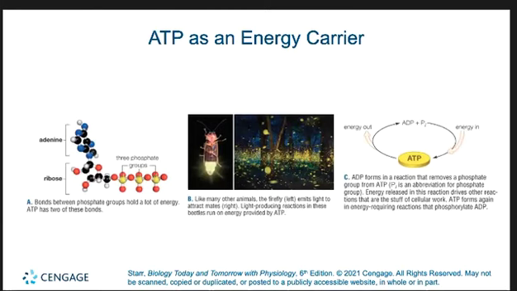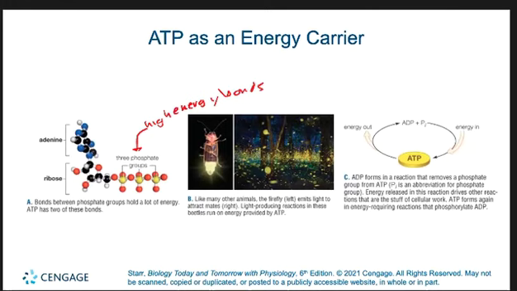All right, so we look at ATP as an energy carrier, and what we see is that these high energy bonds are where the action is. This is essentially where we've put the bulk of the chemical potential energy. Okay.